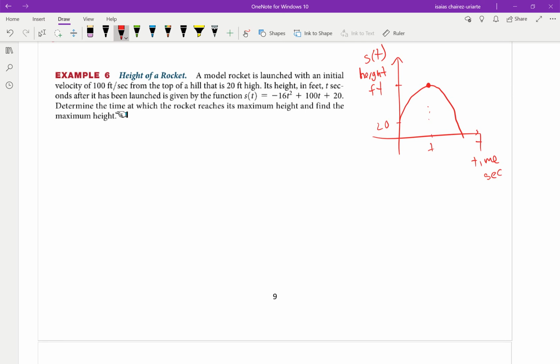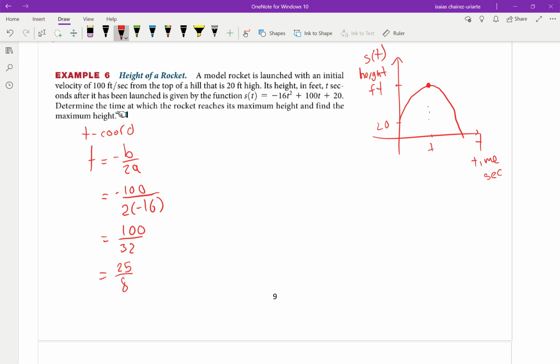Let's find the t-coordinate, the time of the vertex. It's going to be negative b over 2a, which in our case becomes negative 100 over 2 times negative 16. That becomes positive 100 over 32, which reduces to 25 over 8.